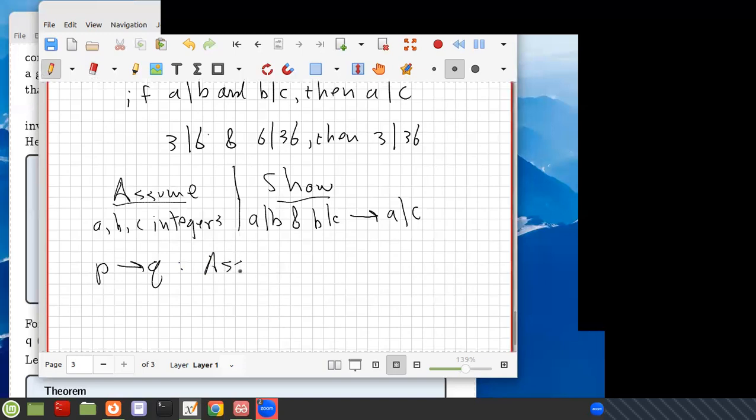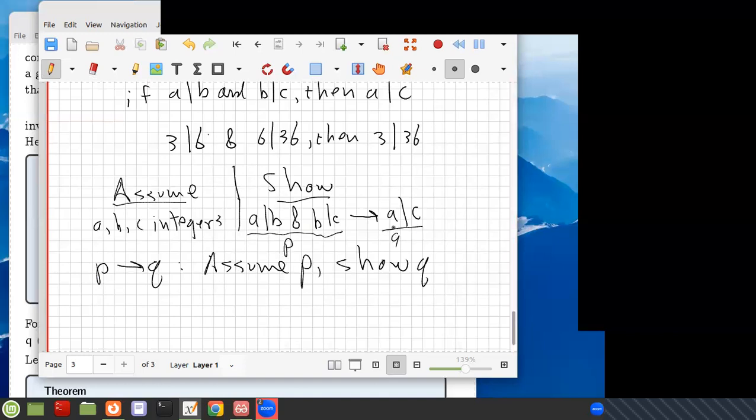Well, you assume P and show Q. Why is that? Well, the only way this can fail to be true is if P is true and Q is false. So if you assume that P is true and then show that Q is also true, you've shown that can never happen, because you'll never have the case of true false. So this is the slogan. We do have a conditional here, where this is the P and this is the Q.